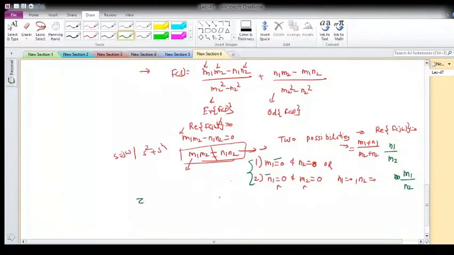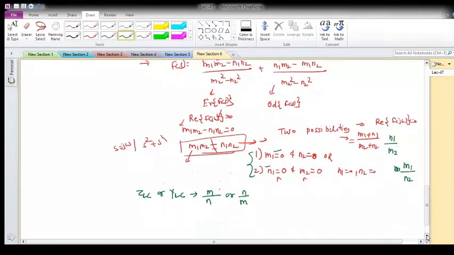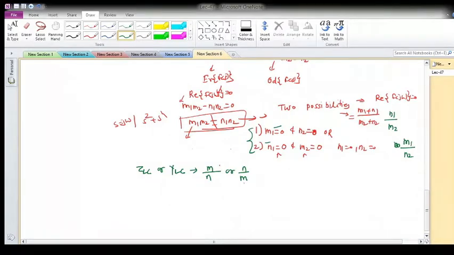So you can say the LC impedance or LC driving point admittance must be the ratio of even by odd or odd by even, so that it is a rational function. Again we conclude that the driving point admittance of an LC network is an odd rational function.